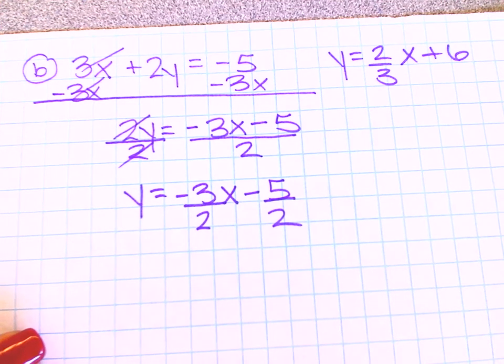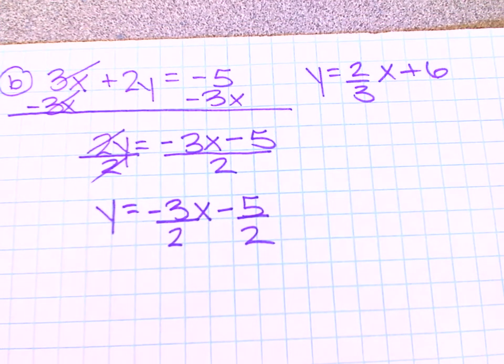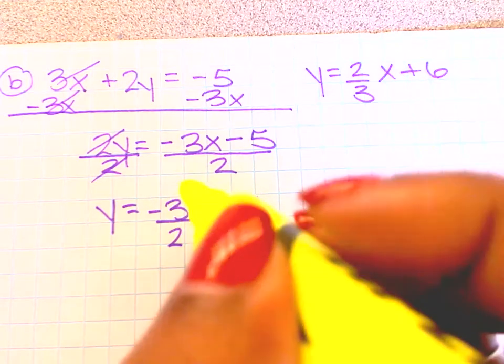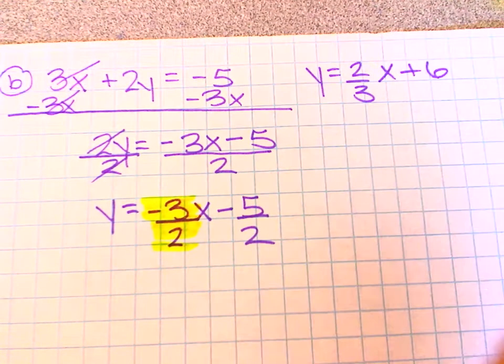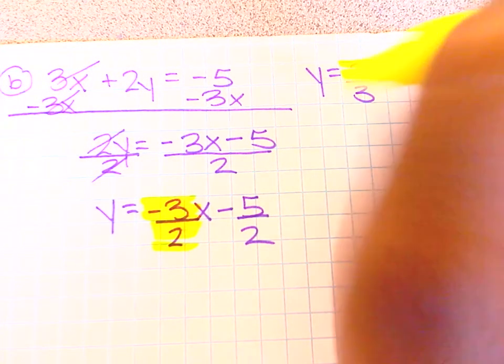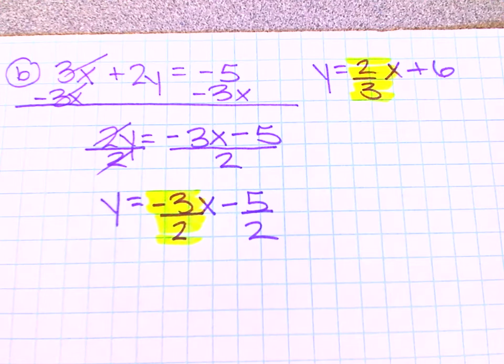Alright, well, now that I have it in slope-intercept form, let me look to see. The slope of this line over here is negative 3 over 2. The slope of this line is a positive 2/3. So if it's its opposite inverse, which it looks like it is, is it parallel, perpendicular, or neither?